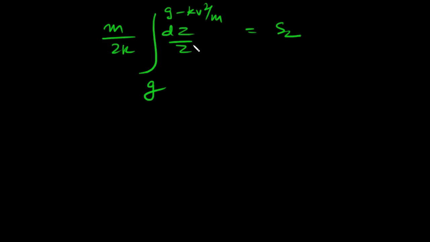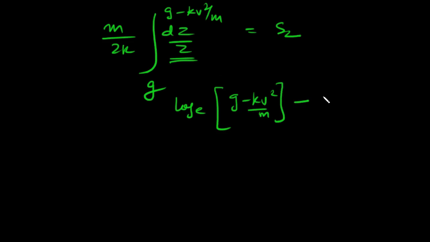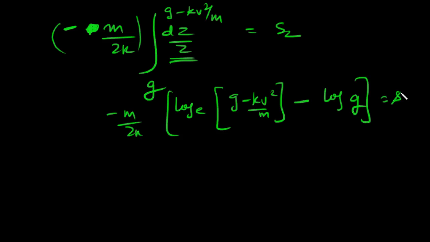We know this is log z, so we have log of g minus kv square by m, minus log of g, with m by 2k in front. Actually this was negative, because g minus kv square by m when differentiated will be negative, so I forgot to add minus here. This is minus m by 2k, and this is s2.